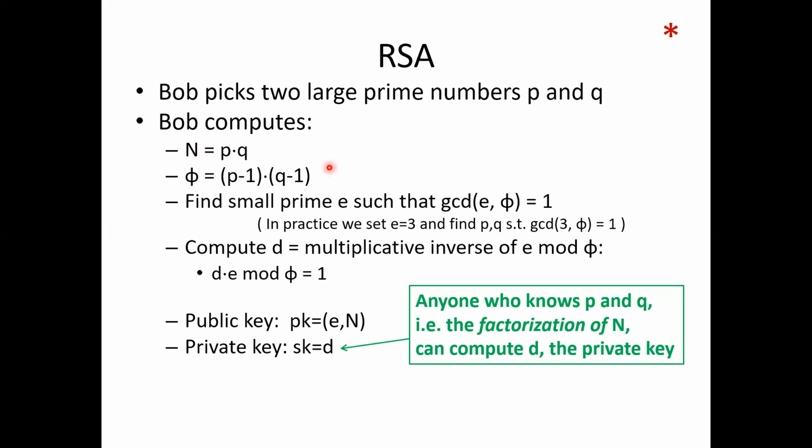That's because the best factoring algorithms applied to such numbers are estimated to run with roughly 2 to the 128 steps.